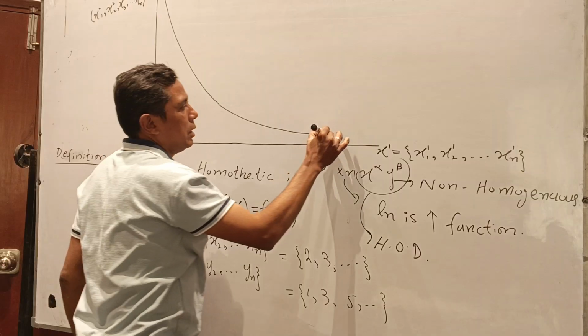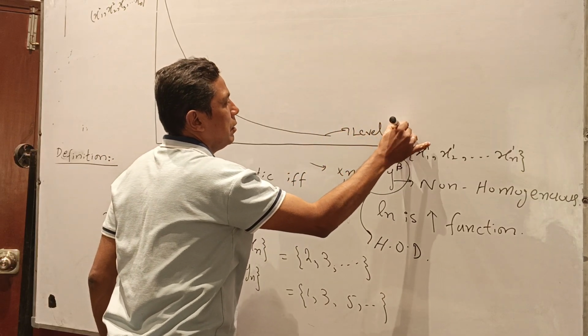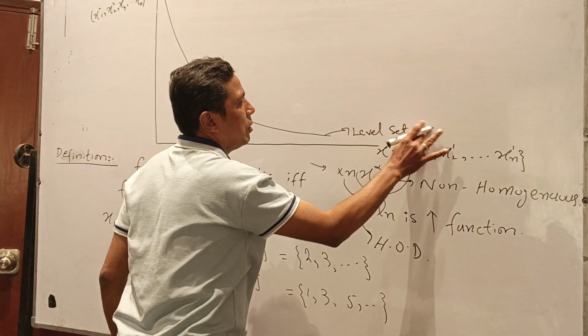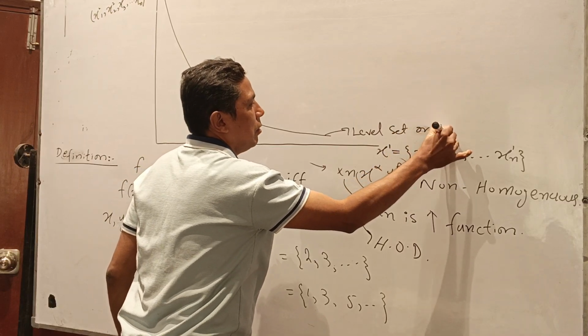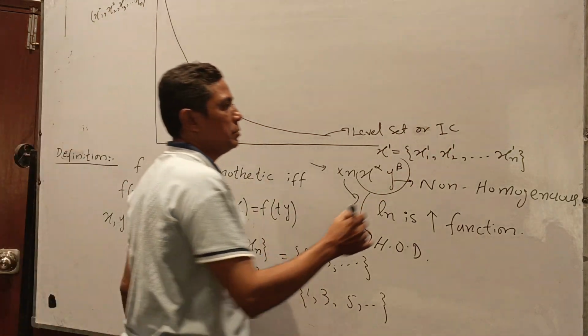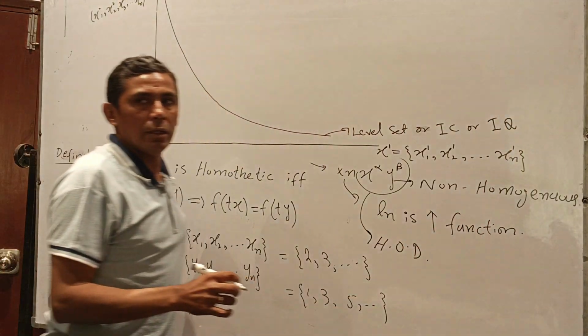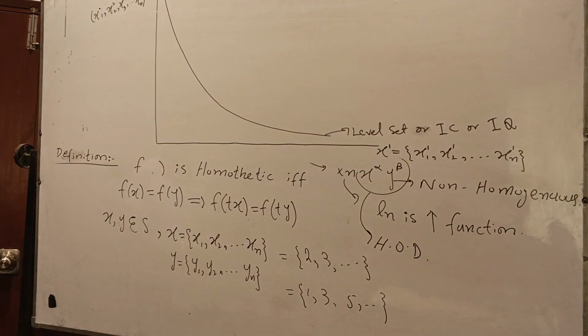Okay, it is the level set, IC or IQ, am I right? Okay.